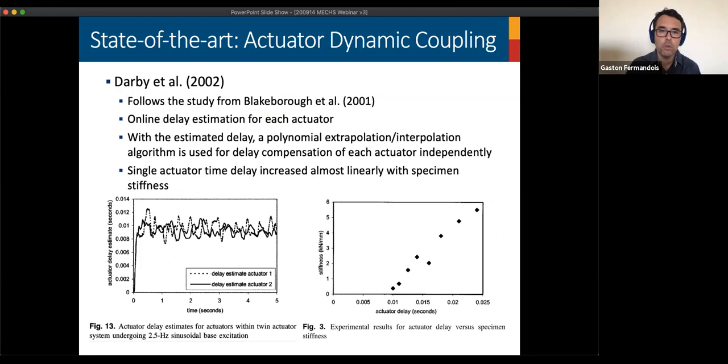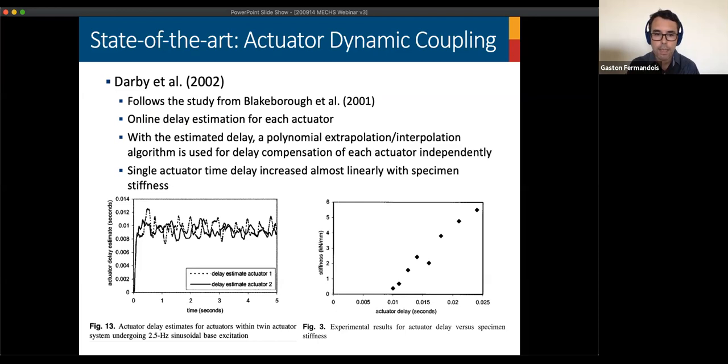Then in 2002, Darby et al. followed the study from Blakeborough. They conducted an online delay estimation for each actuator. So basically, they incorporated this estimation of the delay into a polynomial extrapolation interpolation algorithm to try to compensate each actuator independently.